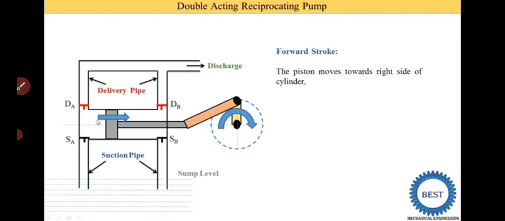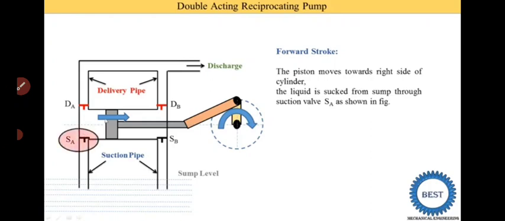Then what happens? On the left side, a suction or vacuum is created, and due to this vacuum, suction valve SA opens, and water starts to enter through this suction valve into the left side of the piston. And on the right side, what happens? At that same time, the liquid on the right side of the piston is compressed.